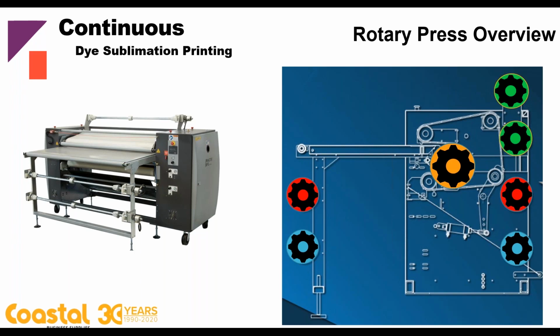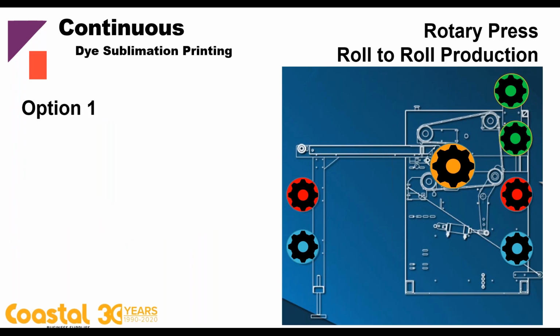I'm going to show you a few examples here of how and when you would use a rotary heat press. So earlier I showed the step and repeat patterns where you were taking a design and repeating it over and over again.